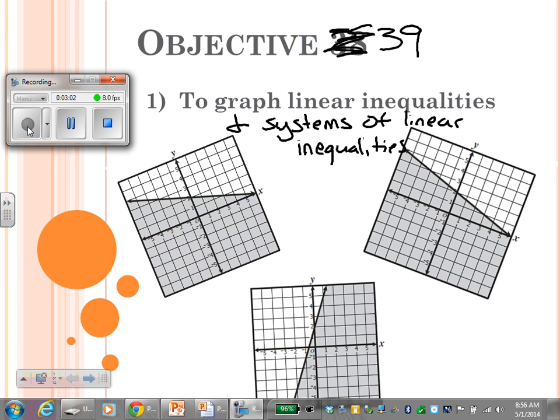Equal, greater, less. Equal, less, greater. No, less. Why less? To the left is negative. These are your negatives over here.